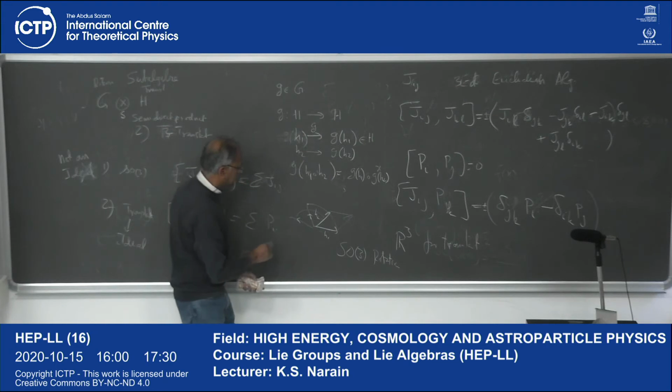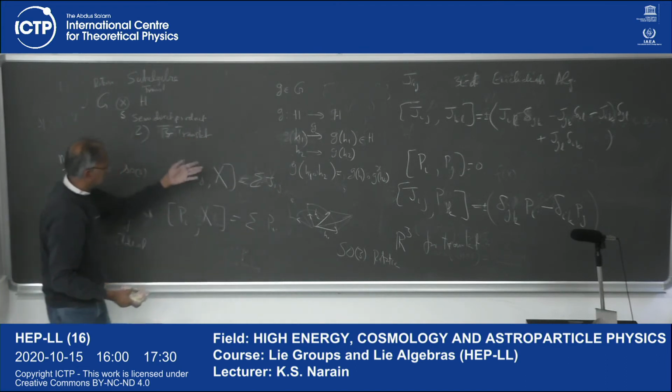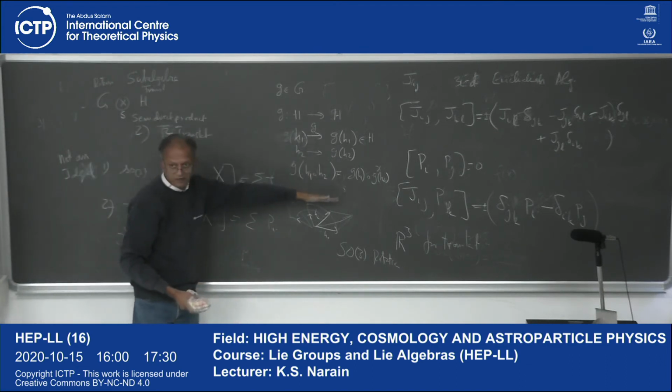If you take the sum of these two, it will be this vector. But this vector is exactly the same as the rotation of the original sum by the same angle. So it satisfies this condition. In any case, when we say automorphism, this is what it means. It should satisfy this condition.